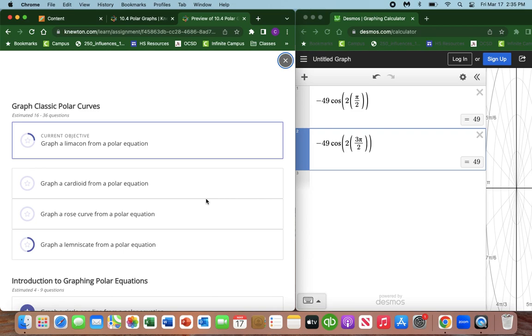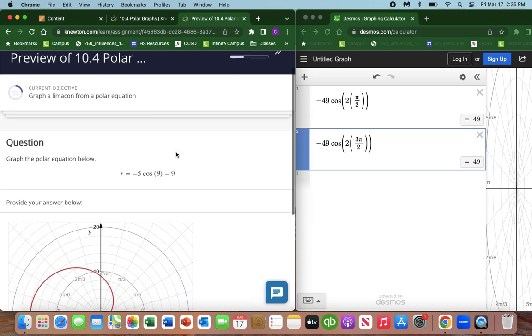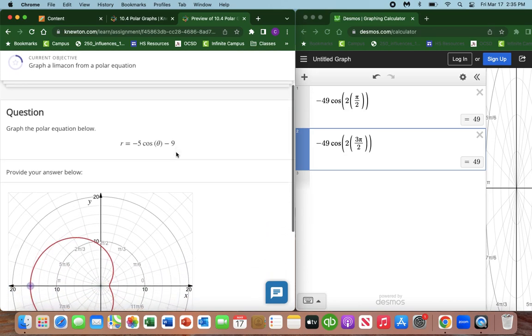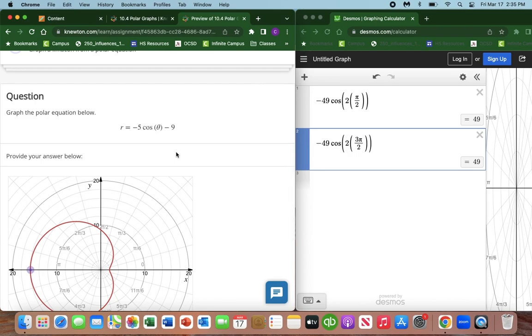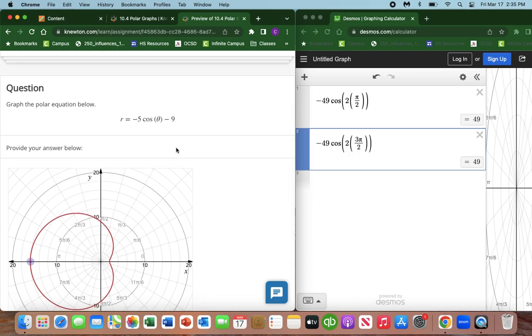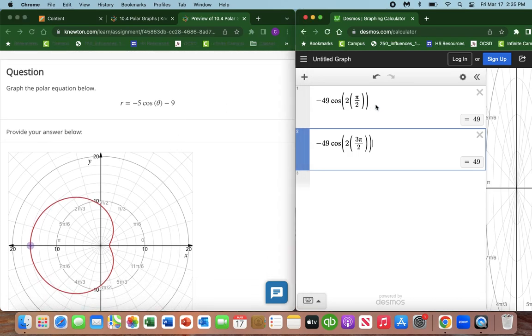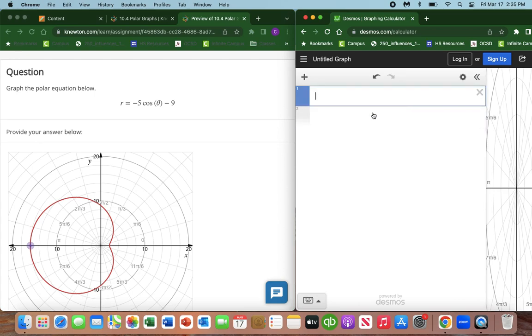Let's see how far we got. Oh, we still have to graph the rose curve and the cardioid. Okay. So we're going to graph a limacon here. And we have negative 5 cosine theta minus 9. So we're going to plug that in over here. Negative 5 cosine.